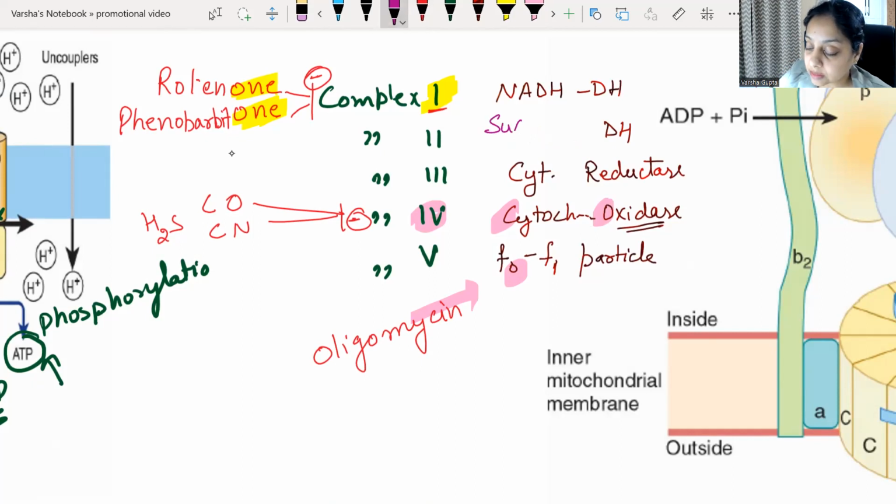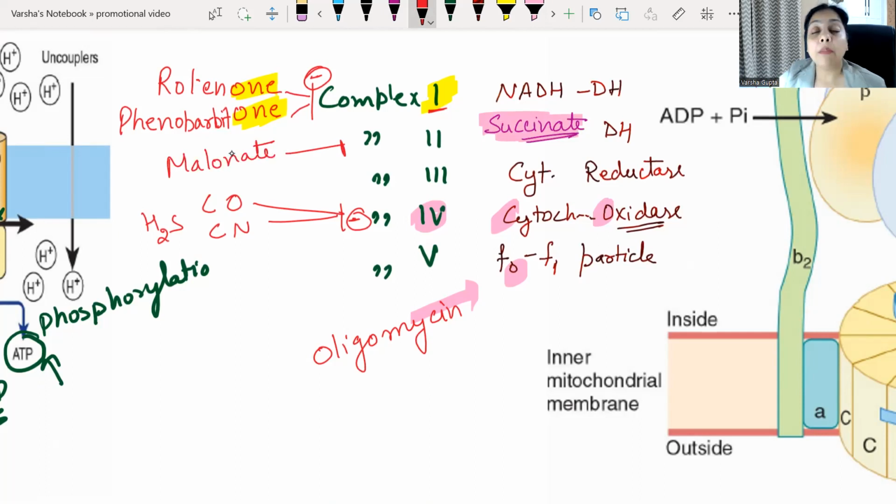Complex 2 is succinate dehydrogenase. One name is succinate dehydrogenase, and you can remember it via this name also. Malonate inhibits it. Mala, your fellow girl or maybe a neighbor girl, sucks.